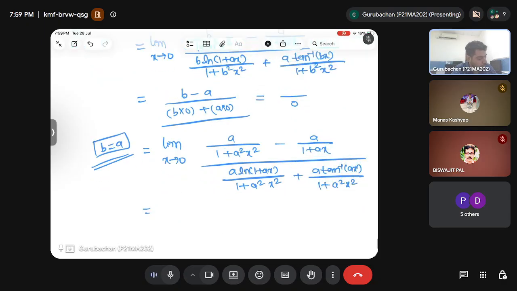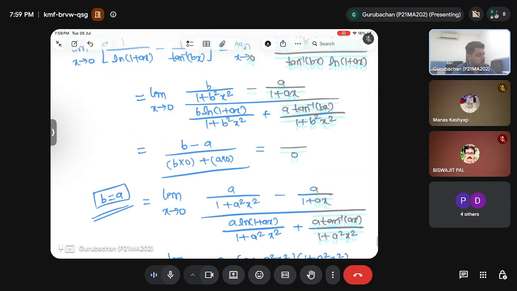Now if you solve it, x tending to 0, you will get a common outside, 1 plus ax minus, or you can write it, ax minus a square x square, and 1 plus a square x square.